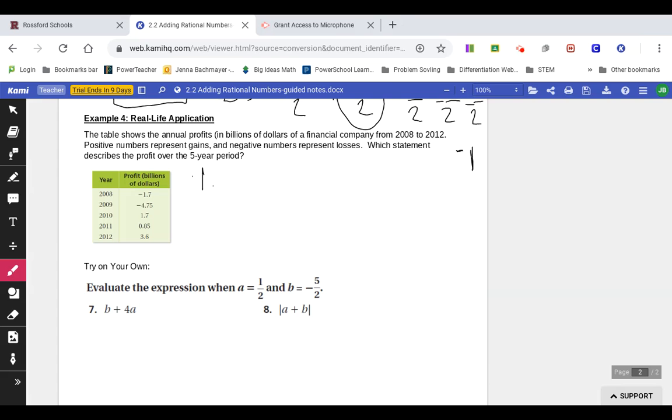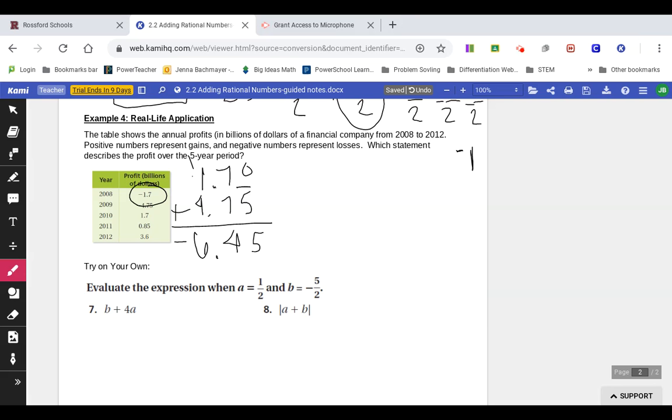So 1 7/10 plus 4 75/100. So when I add, I'm going to get a negative 6 45/100, and it's negative because both of these numbers were negative. I'm going to do the same thing for my positive decimals.